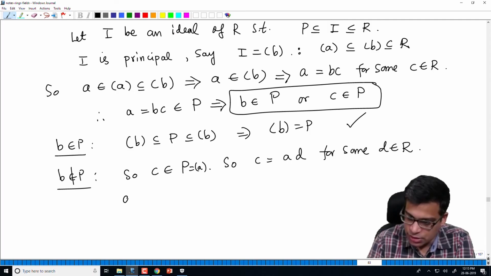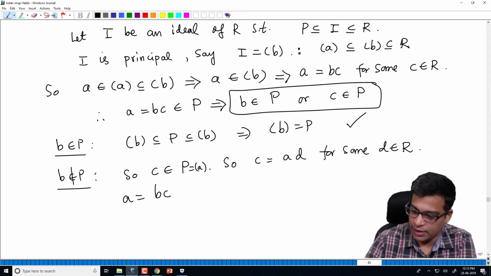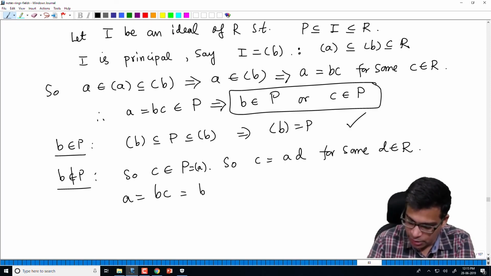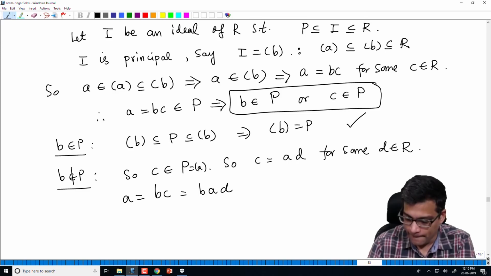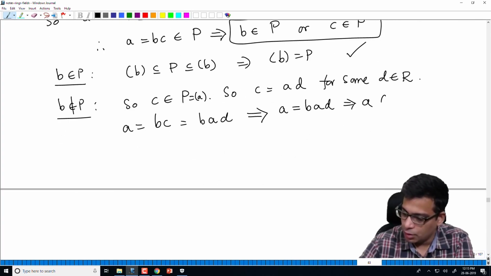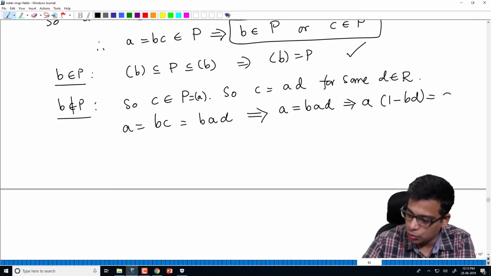But now let's start with this earlier equation. A is equal to BC, but C we just observed is AD. So A is equal to BAD. That means A times (1 minus BD) is equal to 0.